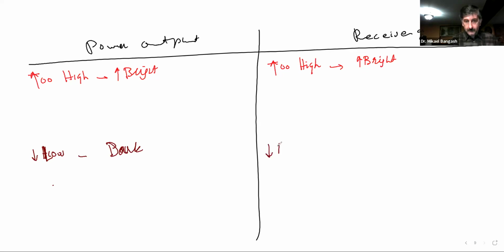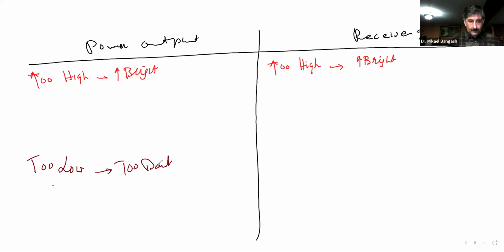Or likewise here, too low, then that's going to be too dark. And likewise here, too low, and we could see too dark.